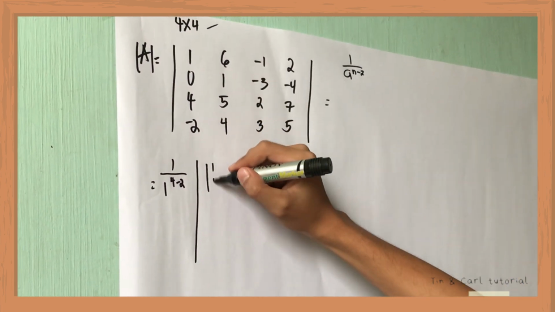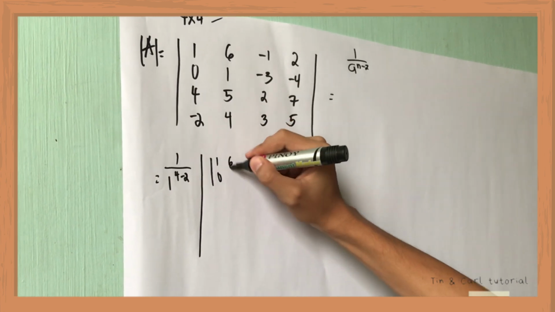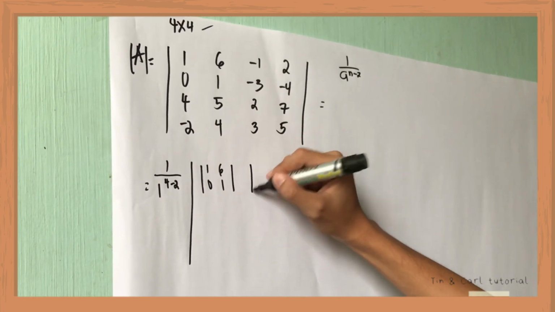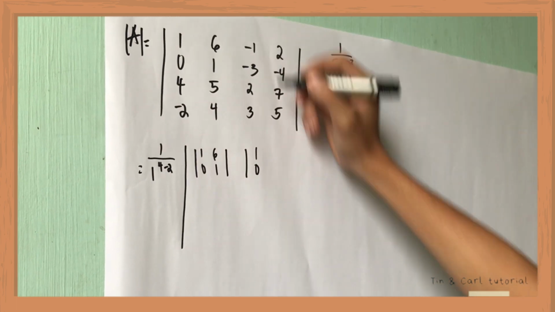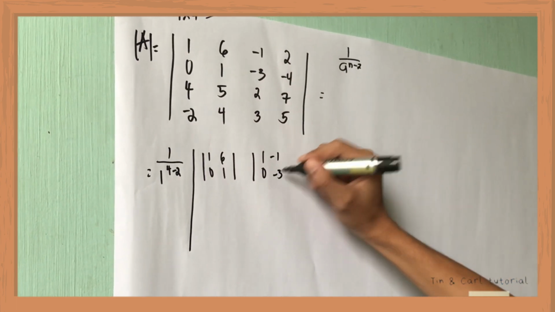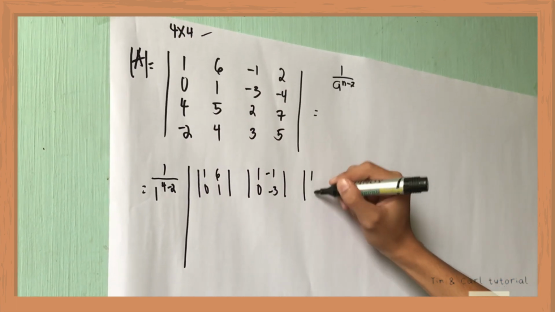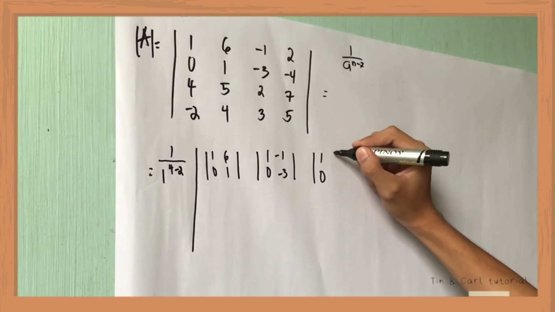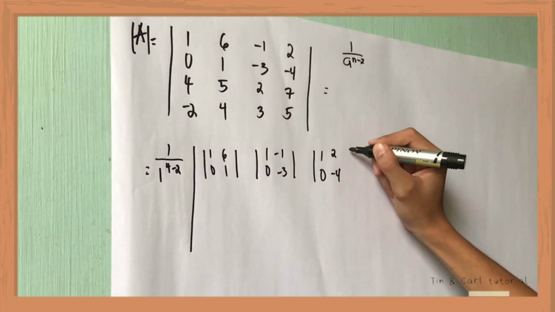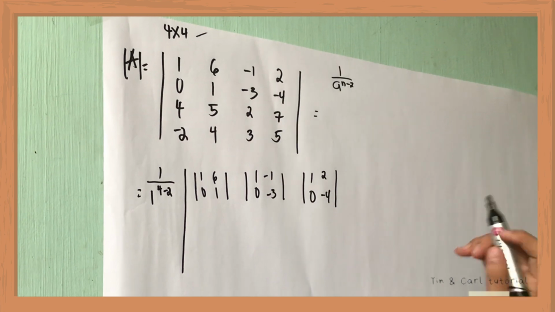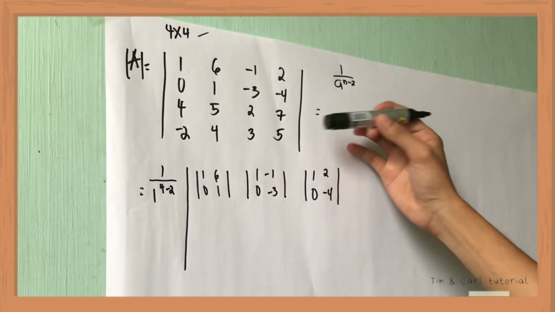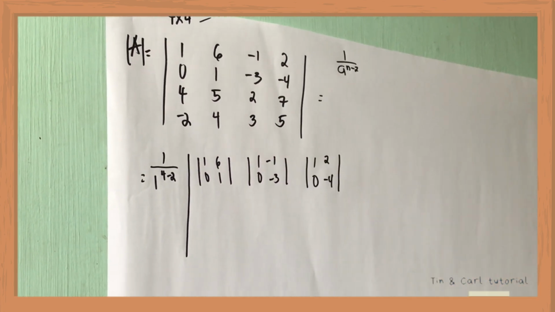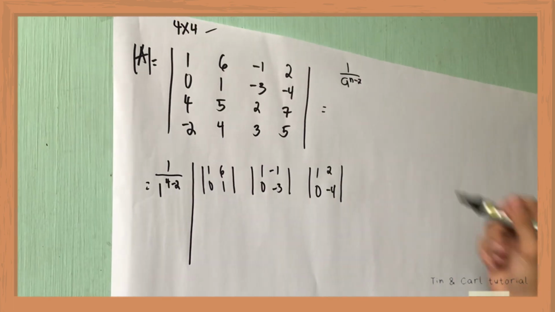So, 1, 0, 6, 1, 1, 0, negative 1, negative 3, 1, 0, 2, negative 4. So, kung mapapansin nyo, pag 4x4 yung kinukuha natin, magka-come up tayo sa 3x3 matrix.